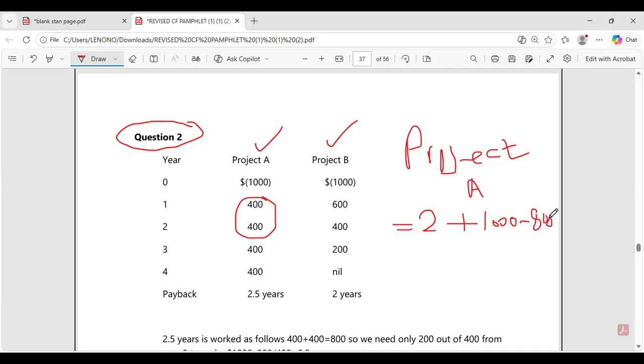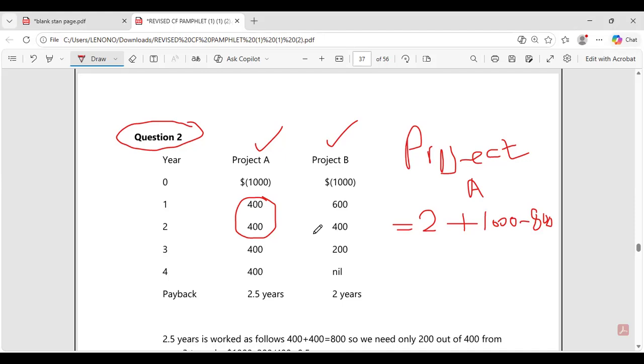You know why I'm doing this? We need to recover the exact amount that we invested in the project. So in the project, we invested how much? 1,000. So we need to recover that exact amount, the 1,000.